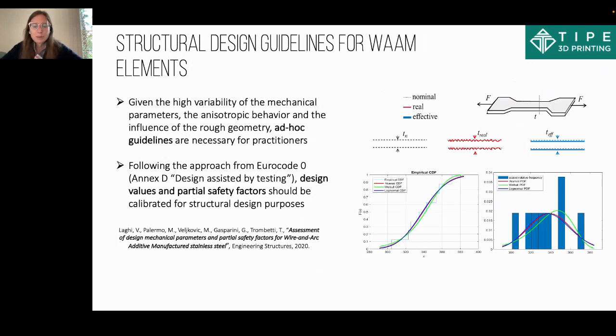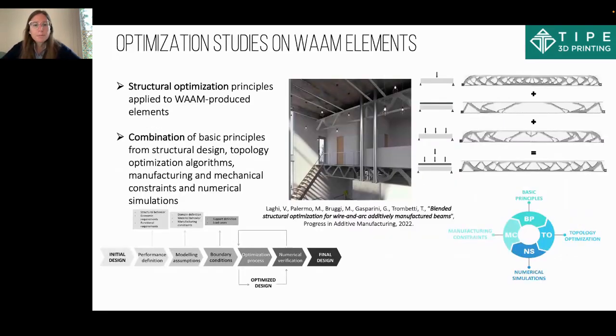All these pieces were put together to create new structural design guidelines, the first guidelines for WAAM stainless steel for construction. We calibrated ad hoc design values and partial safety factors based on the experimental data that we collected before. We also played around with the design.